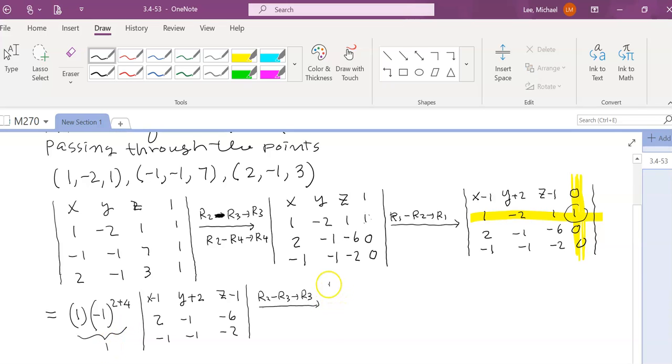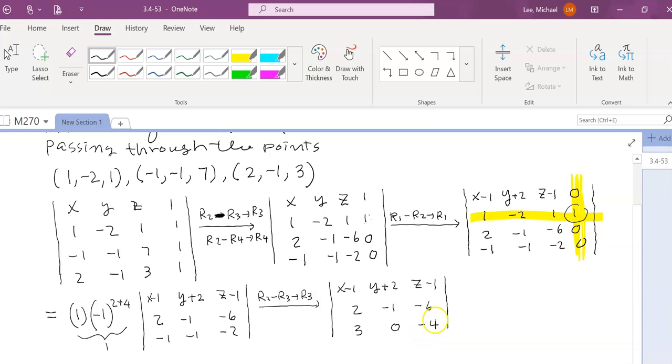So this is x minus 1, y plus 2, z minus 1, and then 2, -1, -6. And you're going to subtract, so it's going to be 3, 0, and then -4. Okay. You can do it. Then now I get stuck. I cannot change anymore.